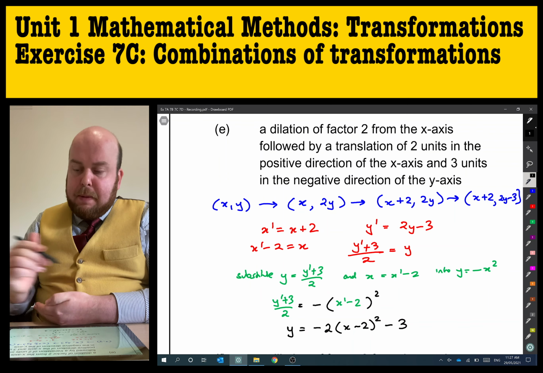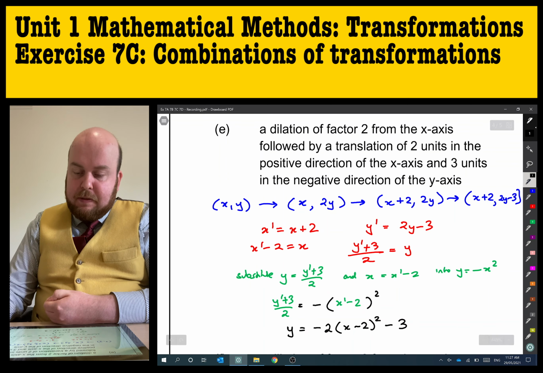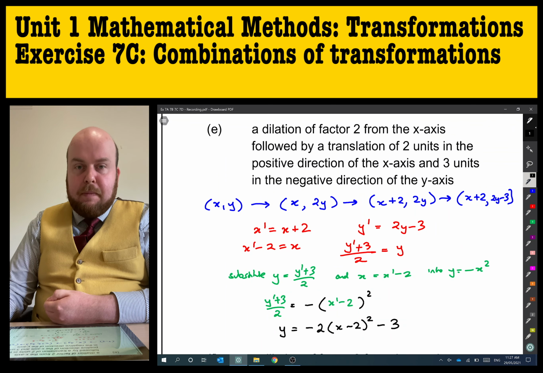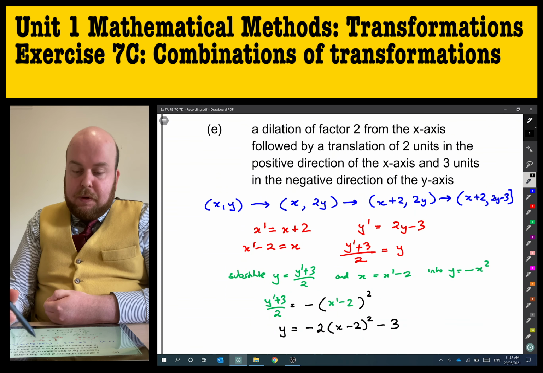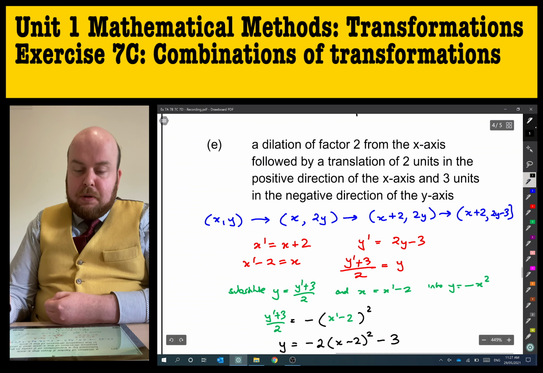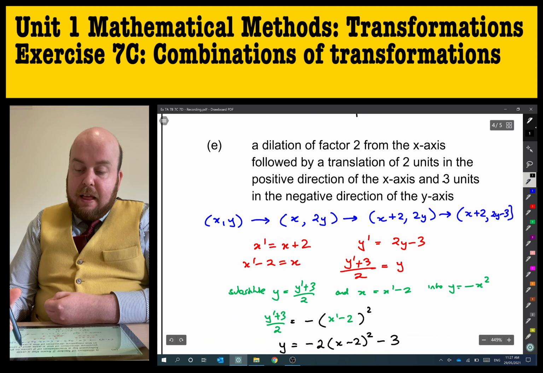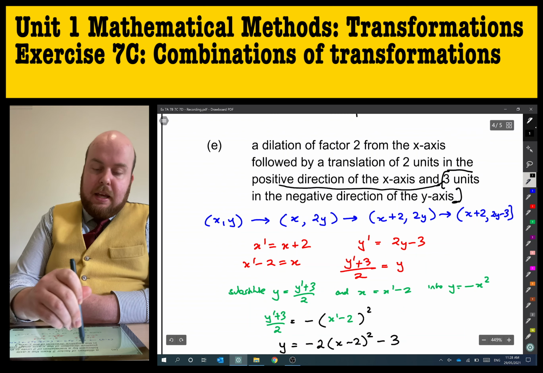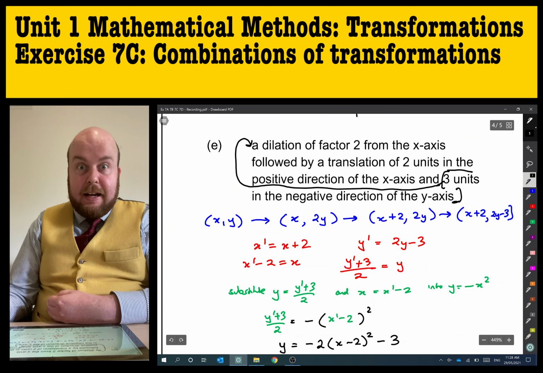So what I was talking about before is we've got this statement here, this 2y forms 2y minus 3. What I wanted to say was, we've got dilation of factor 2 from the x-axis, we've got a translation x, and 3 units in the negative direction of the y-axis. I'm going to tell you how different it might look if this statement here, that I'm just circling, was put at the start.